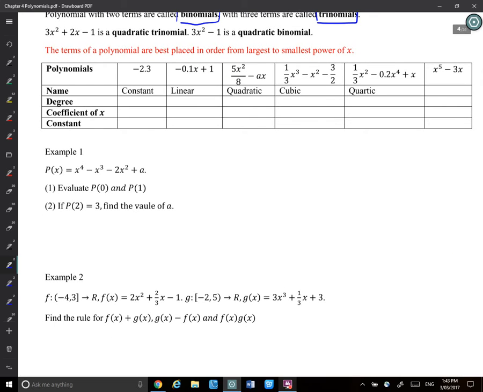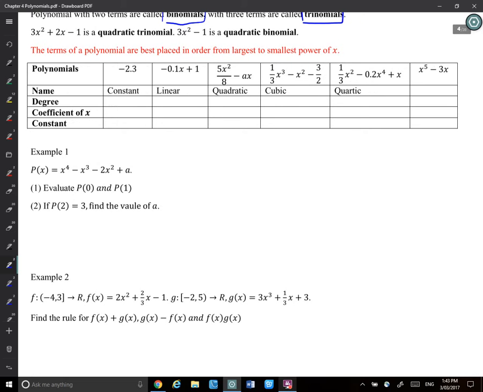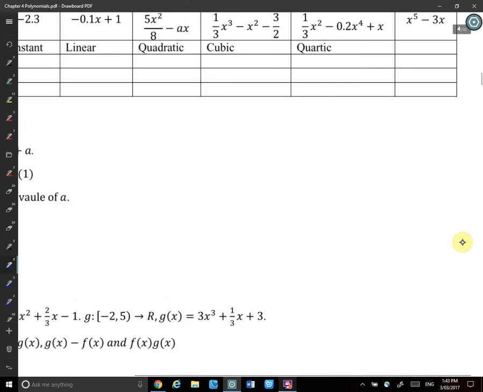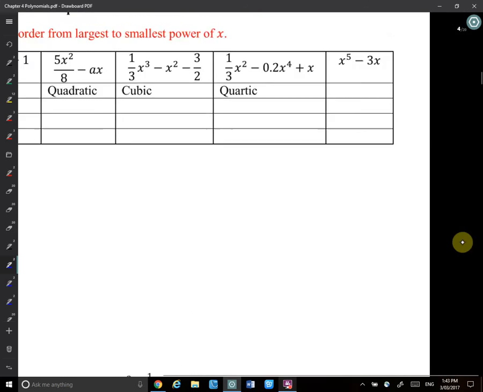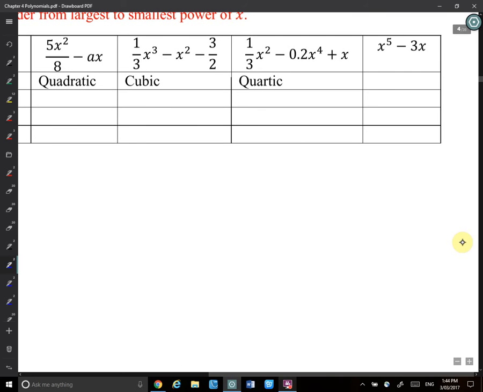And the next one is this table. I don't want to go through this table anymore, I've had enough of that table. But we know that table: constant, linear, quadratic, cubic, and quartic. The last one is power 5. We will say that's a polynomial of degree 5.